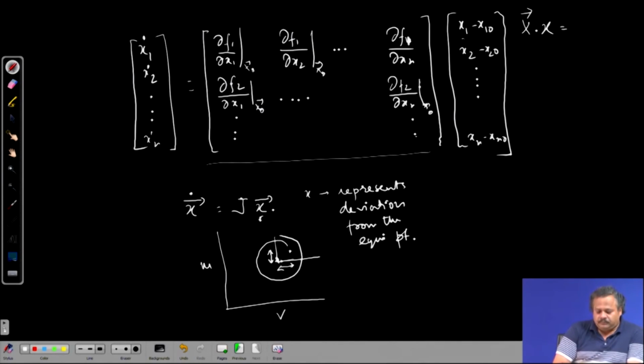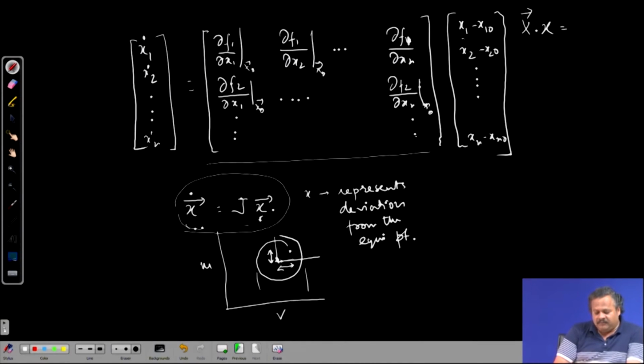So, now that we have linearized the system, this is, as you can see, simply a linear system where we have only first order derivatives, and we have removed all the second order terms. So, this linearization has to be valid in a neighborhood.